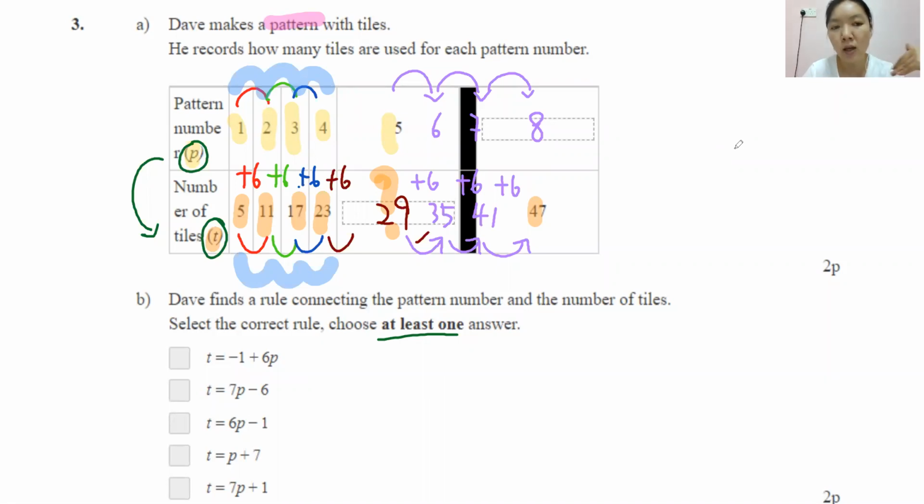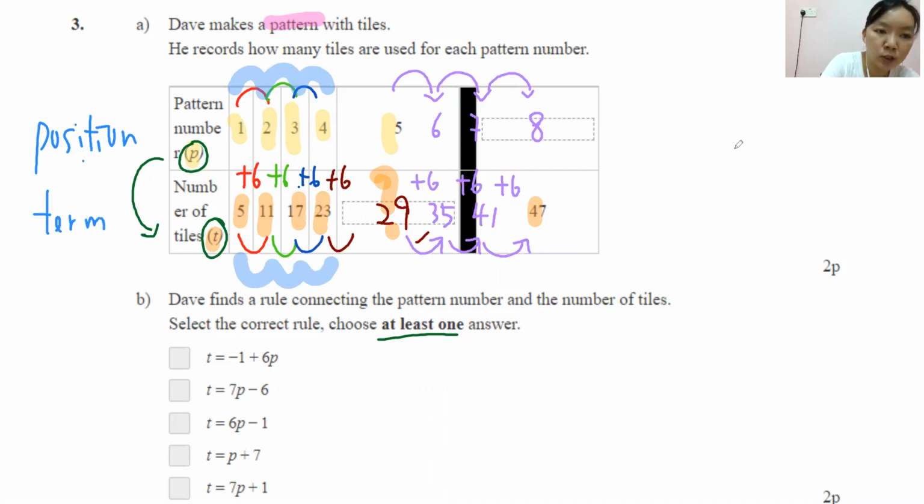For part B, it is a different thing because we are comparing the position of the pattern with the number of tiles, which is the term. So we are trying to connect the position to term rule.